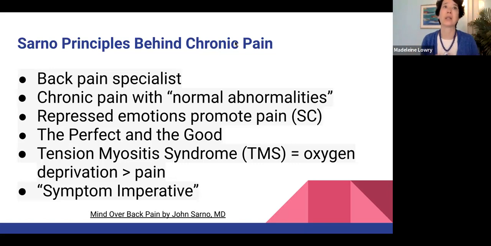Now you have migraines, or now you have hip pain or knee pain, right? He felt that even if you were able to alleviate the problem through physical methods, if you didn't deal with the underlying root causes, the brain would just create pain again somewhere else.